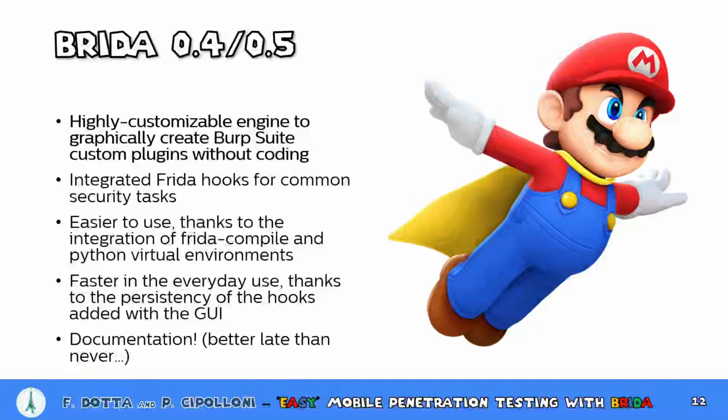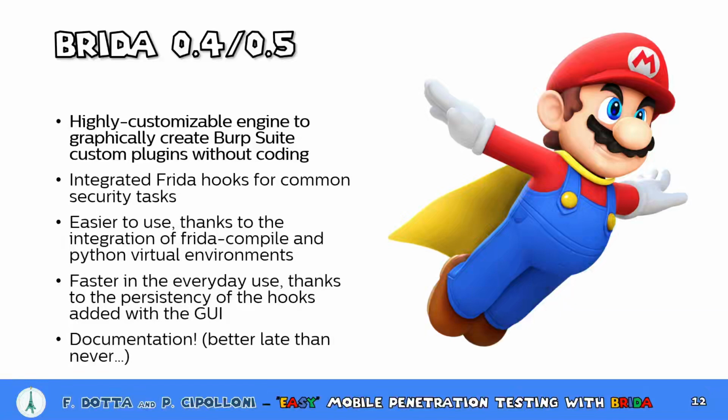Now, with the newer 0.4 and 0.5 versions, we improved the functionality of Brida much more. Now we have a highly customizable engine that allows us to graphically create a Brida plugin without the need of coding.